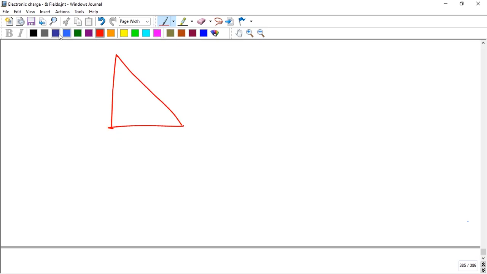Now the object stands here. At the top part of the object, there is an incident ray that falls on the surface, and you see that it makes an incident angle of 90 degrees.